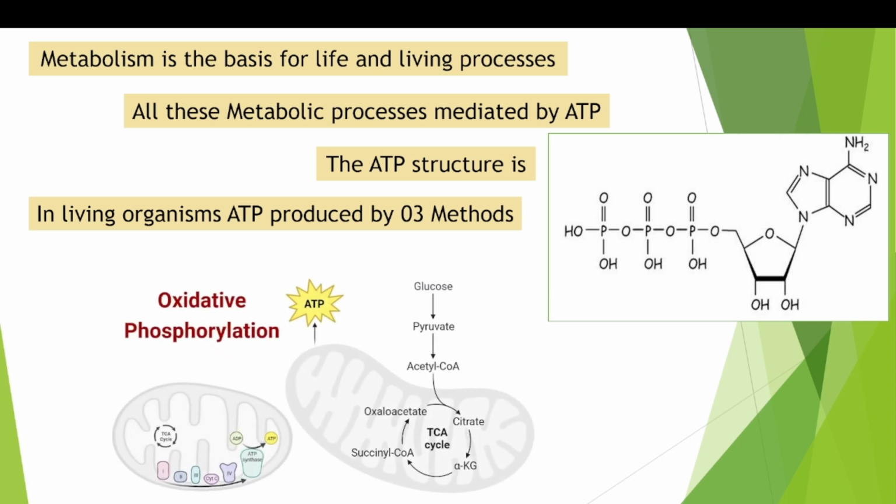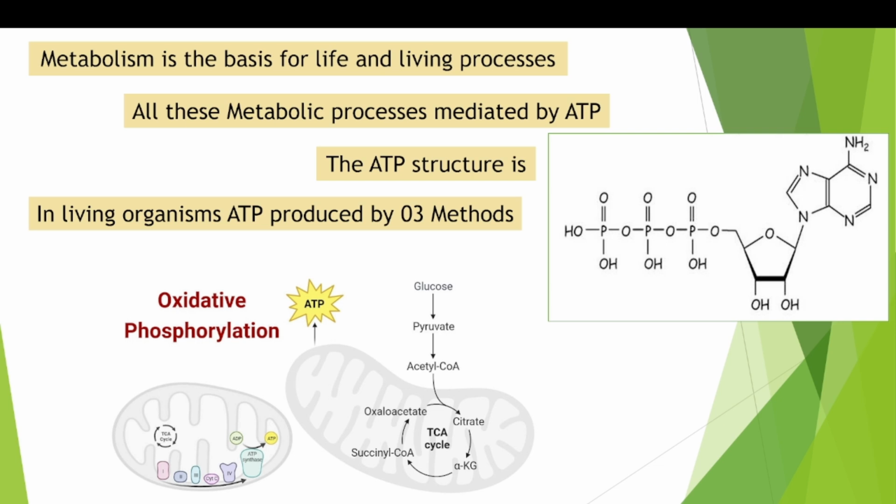One popular method is oxidative phosphorylation. In this, whatever the metabolites, for example carbohydrates, lipids, proteins, are converted into acetyl-CoA, and this acetyl-CoA enters the mitochondrial matrix where it undergoes the tricarboxylic acid cycle or Krebs cycle, and produces NADH and FADH2.